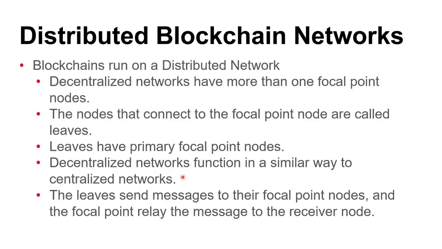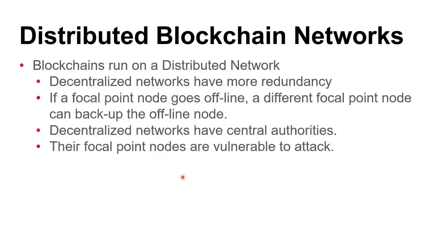So the leaves send their messages to their own focal point nodes, and then those send the messages over to the appropriate receiving focal point node. And again, decentralized networks have more redundancy, so they are more difficult to attack.